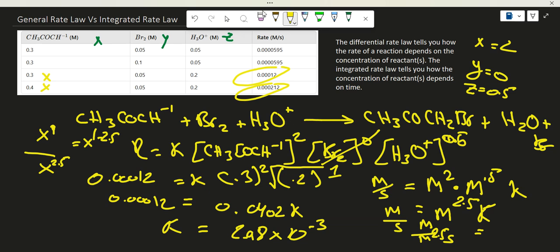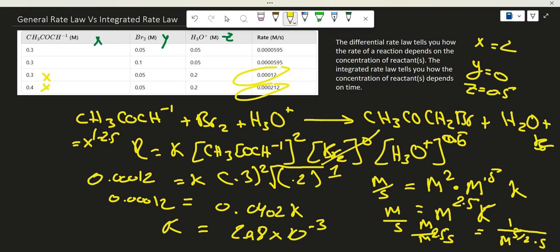And so now we end up with 1 over M to the 3 over 2 times s, which is seconds.